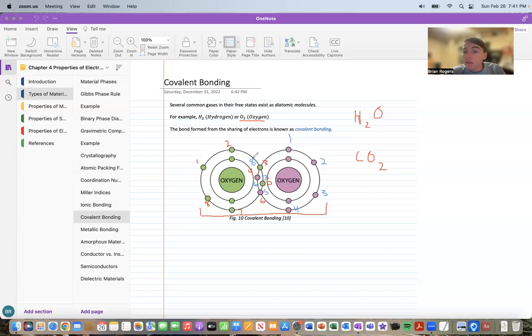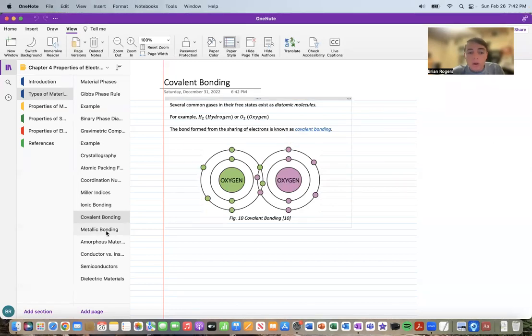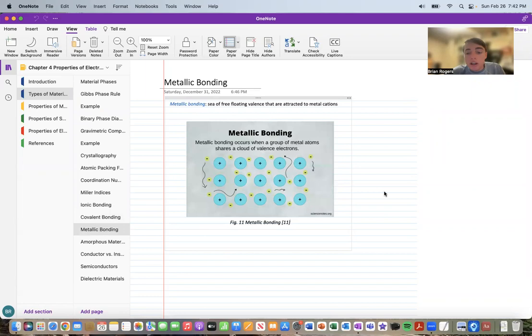So each of them has 8, so they're both at their totally full valence electron state. And so because they share those 2 electrons with each other, they're able to get to that happy state of 8 valence electrons.